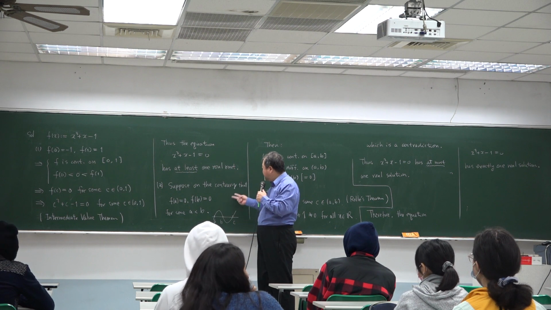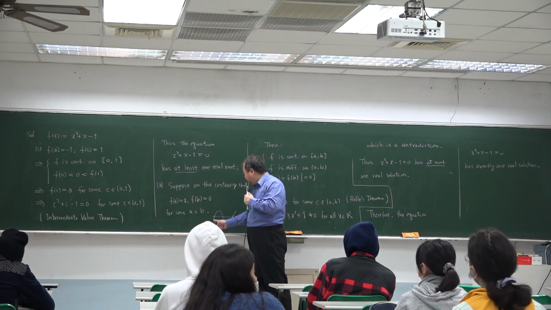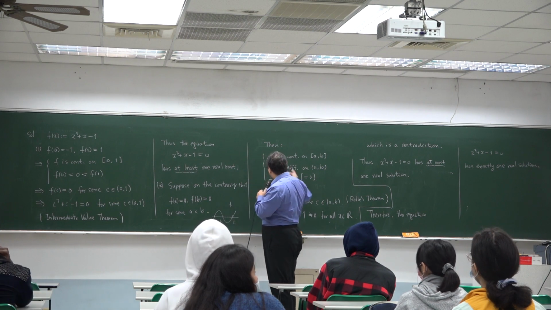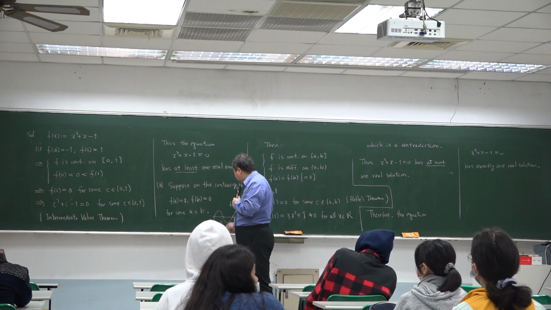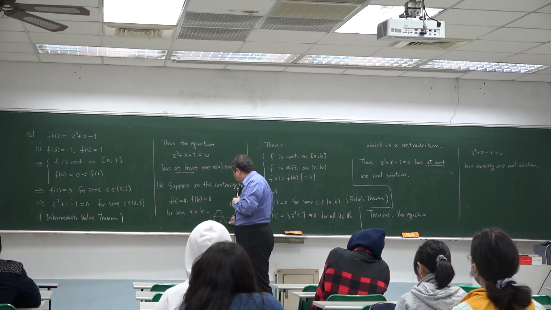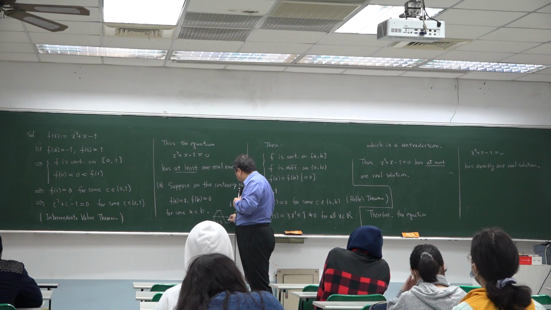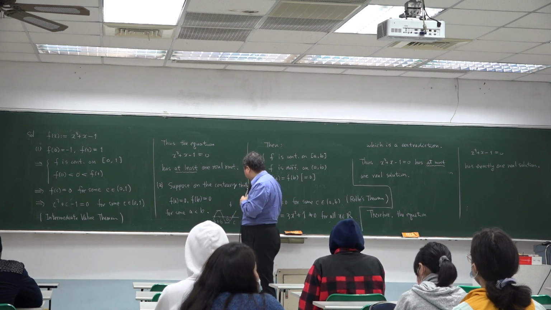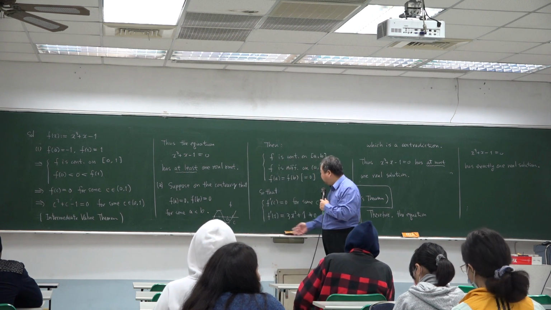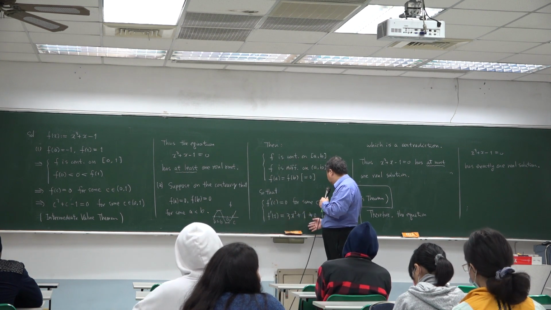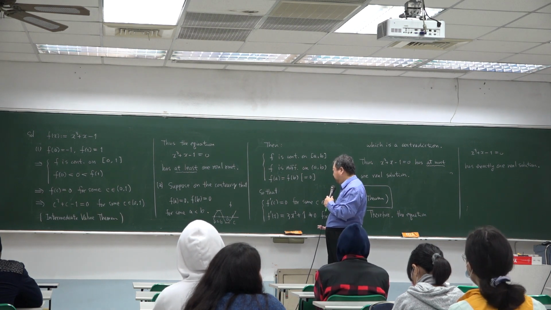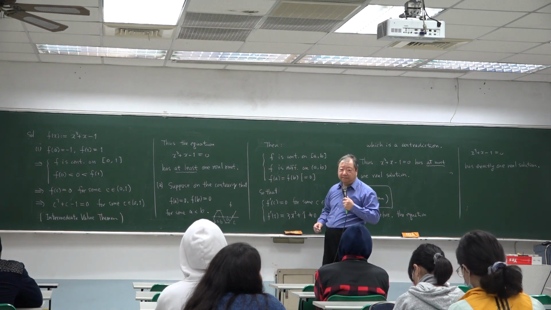On the contrary, suppose f of a equals 0, f of b equals 0, f of c equals 0, then by the mean value theorem, there must be c1 and c2 with f prime at c1 is 0, f prime at c2 is 0. Again, sometimes you will find f prime of x has at most one or no real solution. Again, the contradiction.